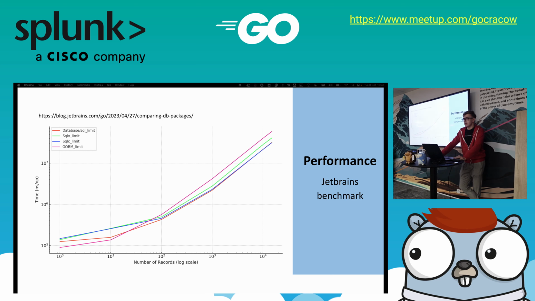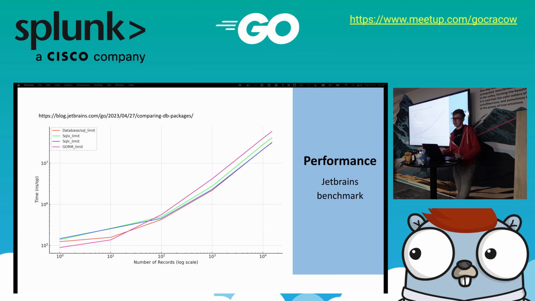This is the one from JetBrains. What is important to notice here is that the y-axis is the time in nanoseconds per operation. There was some quite heavy query done, and they were done on different numbers of records.